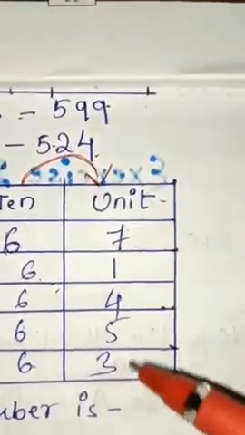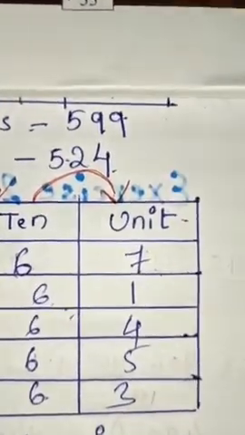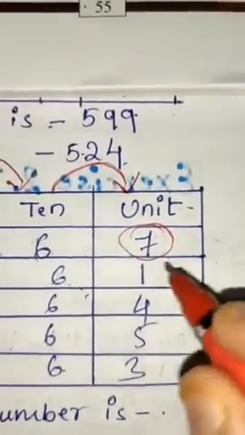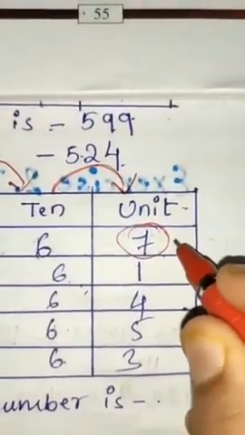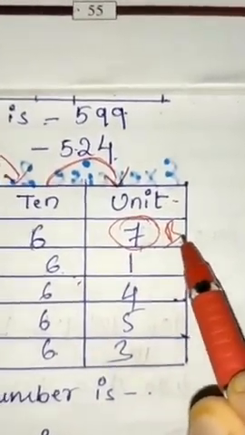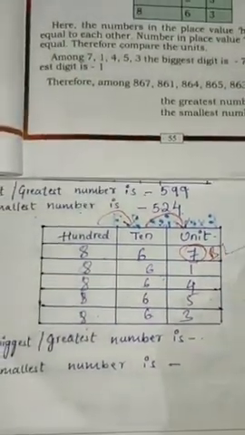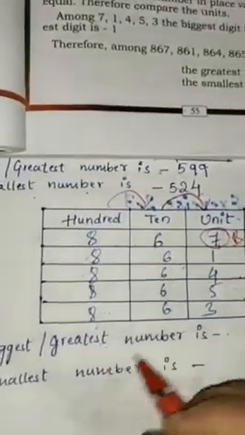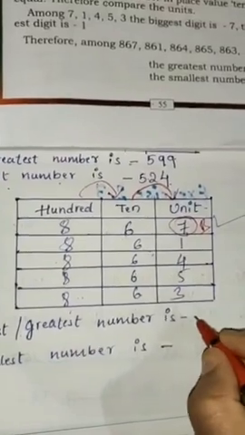Which is the greatest digit here? Yes, very good. 7 is the greatest or the biggest digit, so the first number, that is 867, is the biggest or the greatest number.